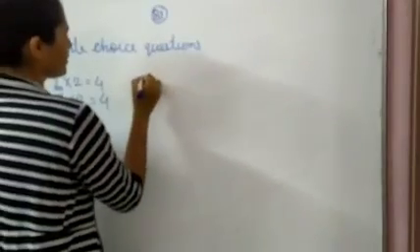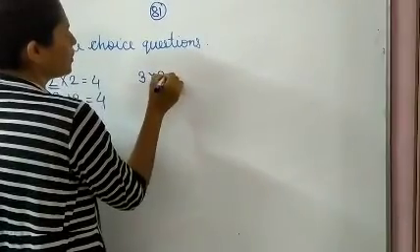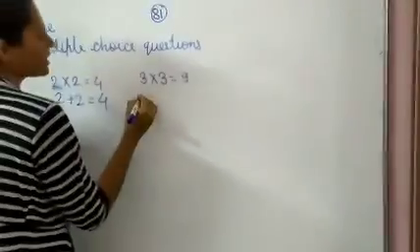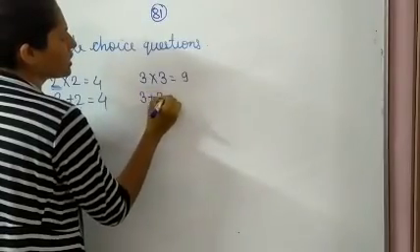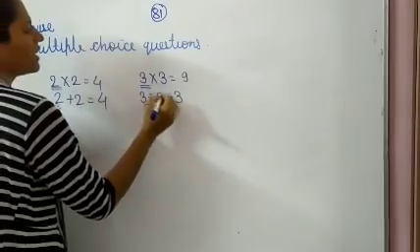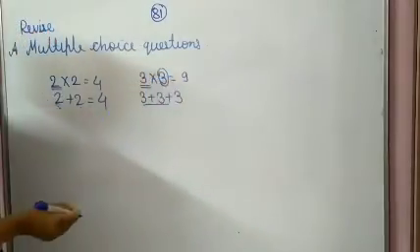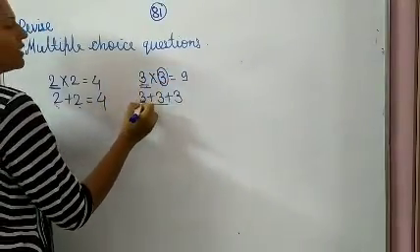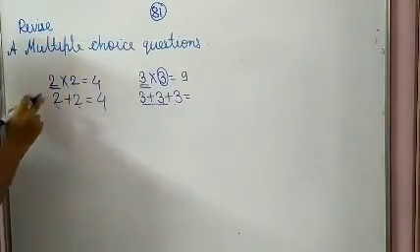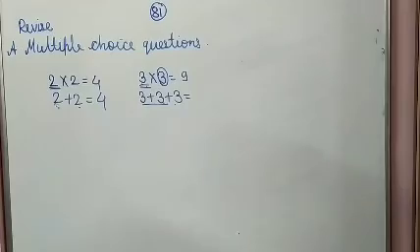One more we see, 3 into 3. So 3 3s are 9. Now 3 plus 3 plus 3, means 3 we add how many times? 3 times. Yes, 3 we add 3 times. So multiplication means repetition of addition.